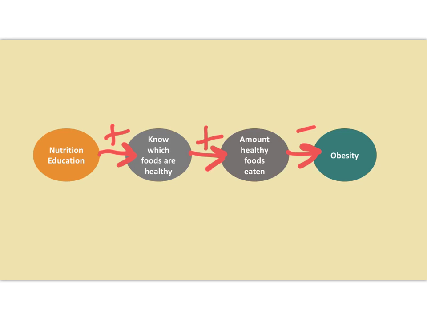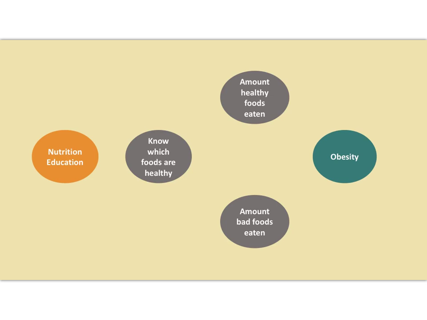Maybe it has more to do with eating fewer bad foods, fewer calories, less sugar, and so on. Maybe the most important thing is the amount of bad foods. So now we're going to show a more extensive mechanism that includes that.